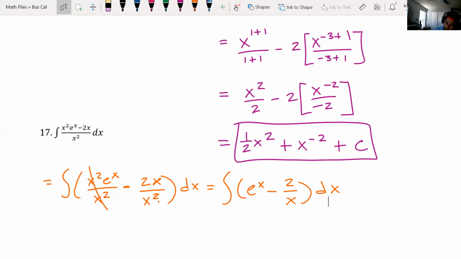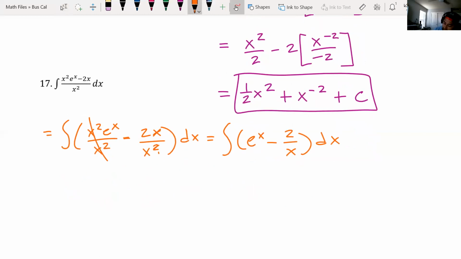Okay. Split it into two integrals. You'll get the integral of e to the x dx minus, and for this 2 over x, I'm going to take the 2 out and leave it as 1 over x dx.